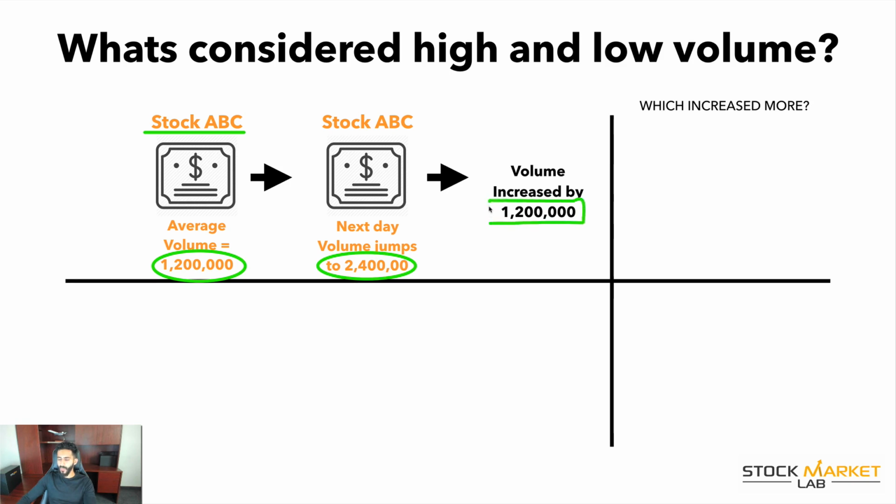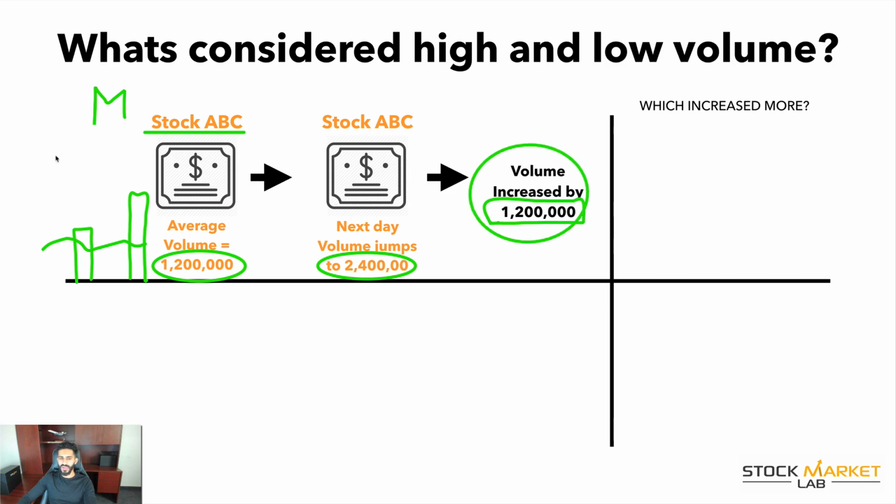It increased by 1.2 million. So sometimes it's 1.2, sometimes 1.4, 1.1. It's around that 1.2 million mark. Then the next day, the volume surges to 2.4 million. Basically, the volume increased by 1.2 million.